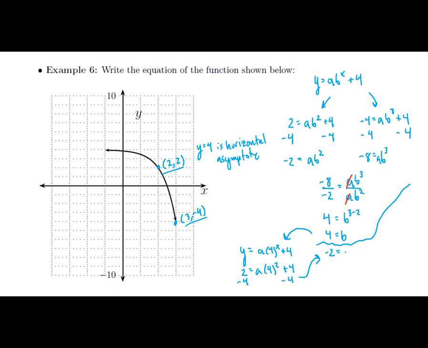Negative 2 is equal to a times 16, and then I can divide by 16. So negative 1/8 is my a. So putting all this together, our equation is y equals negative 1/8 times 4 to the x plus 4.